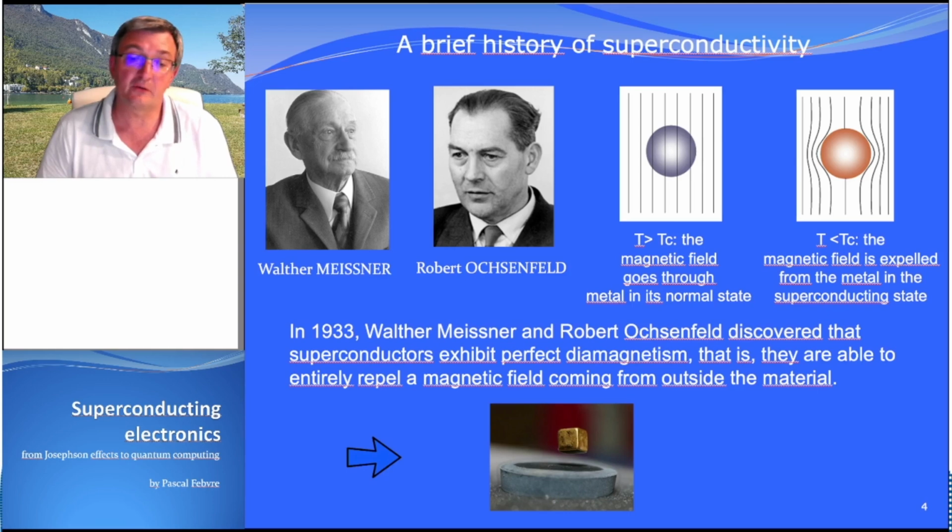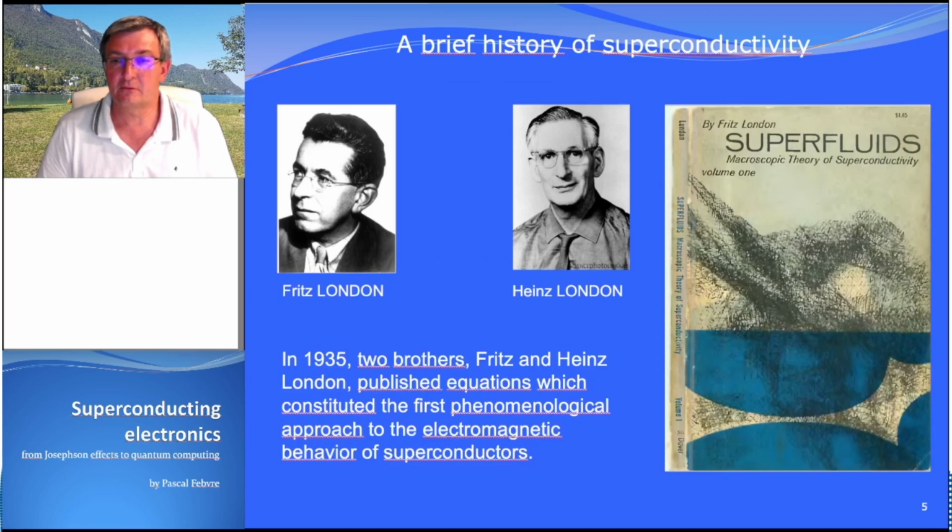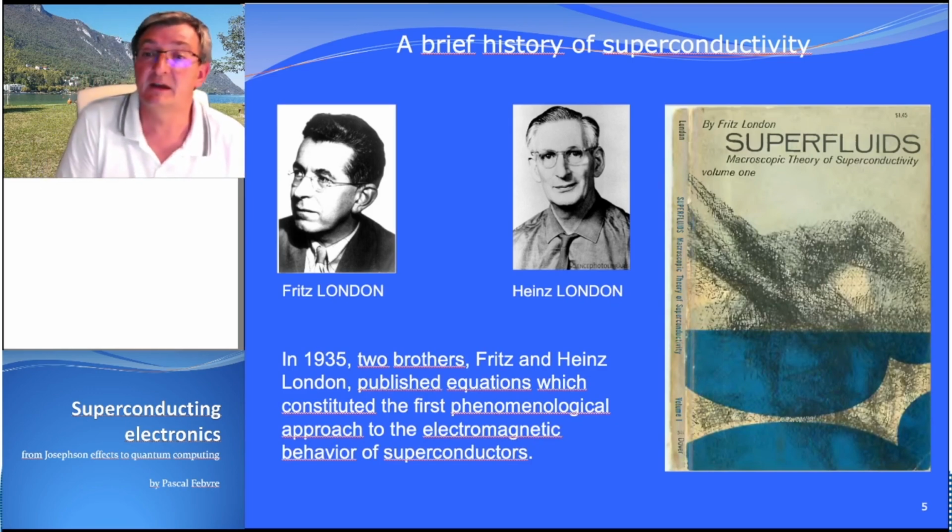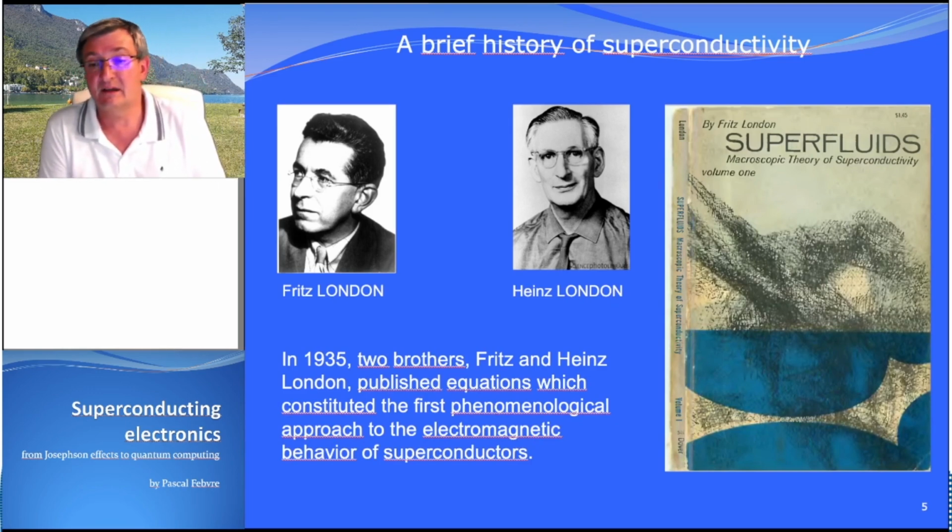So that was at this time mostly observation, but without much understanding. The first people who tried to understand superconductivity were the London brothers, Fritz and Heinz London, in 1935, and they really tried to find the electromagnetism and the electrodynamics of superconductors. So they published the equations, and there is a very nice book, in fact, that you can see on this slide.